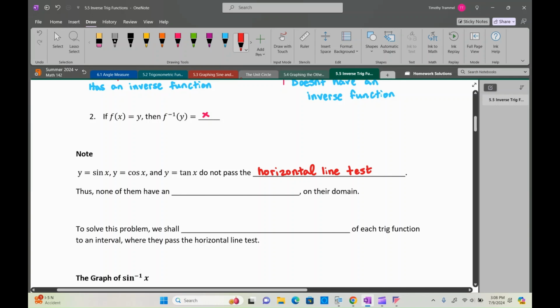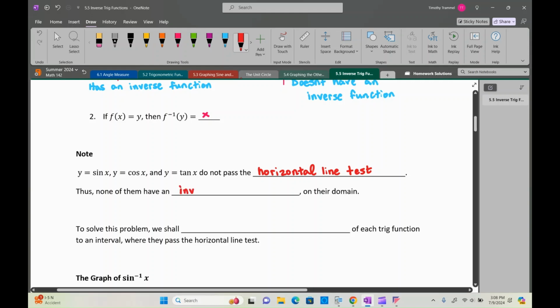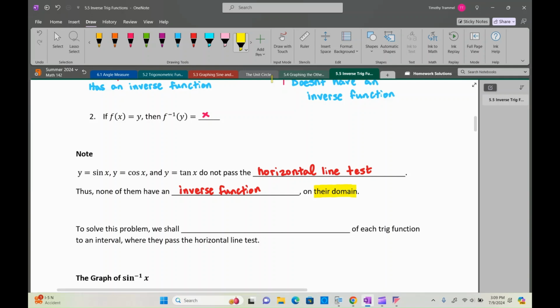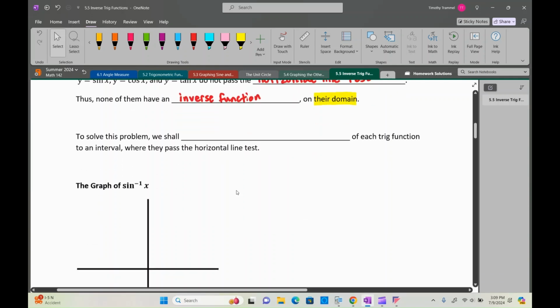And thus, none of them have an inverse function. But I want to be really specific here. They don't have one on their whole domain. Okay. So what we're going to do is restrict their domains to sections where these functions do pass the horizontal line test.